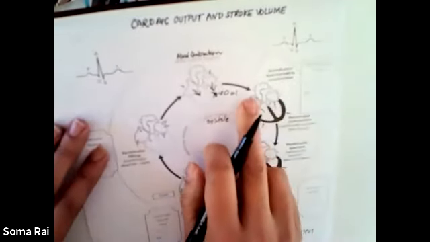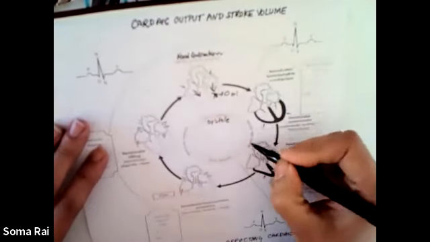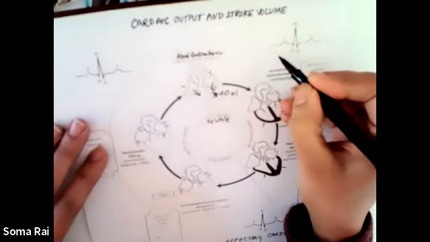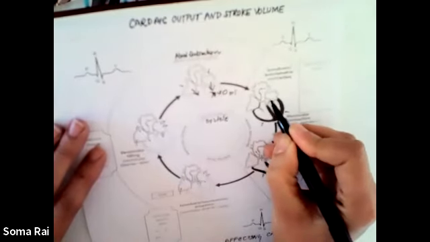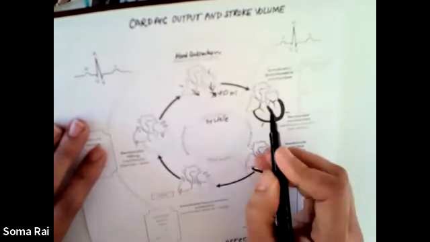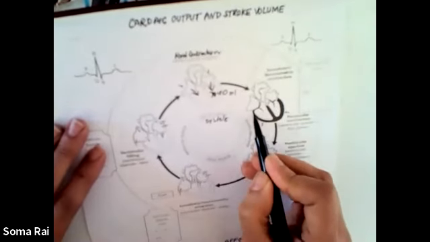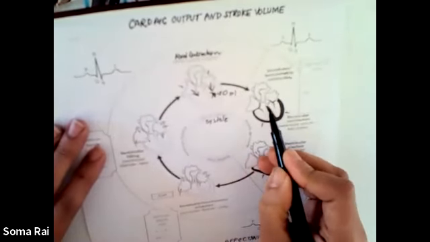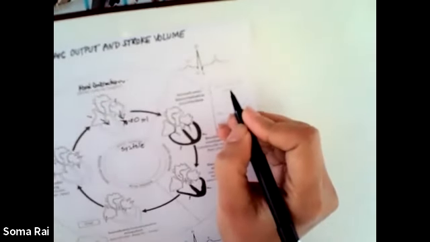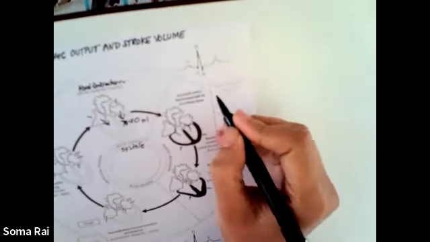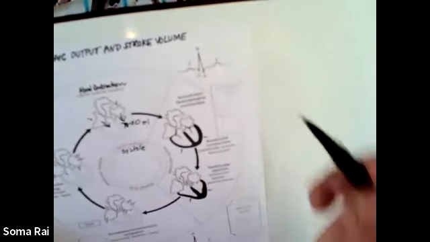Now, as soon as the ventricular systole starts, notice the atrioventricular valves close down. And you can see the pressure in the ventricle is building up. So how do we represent this? Two things here.